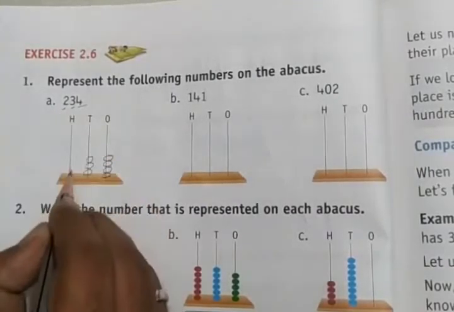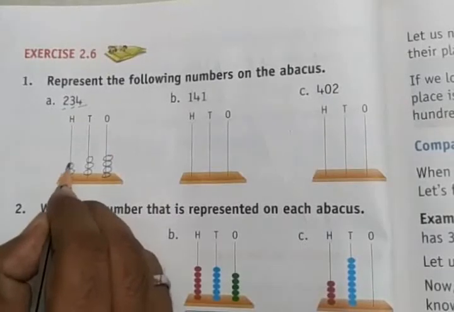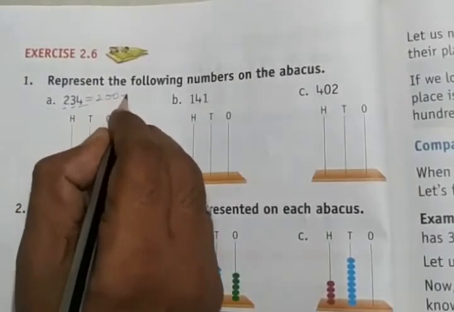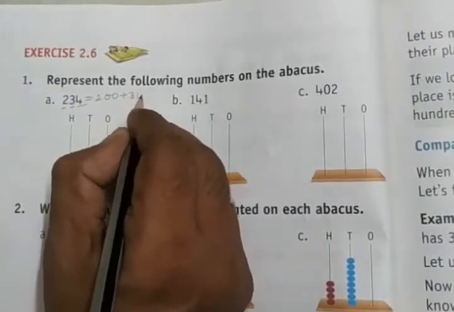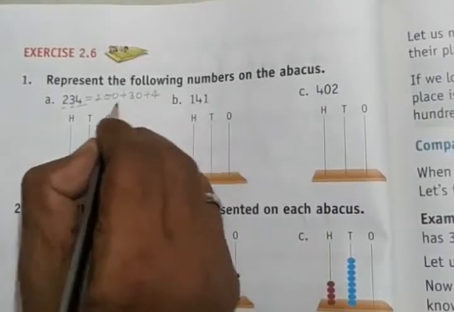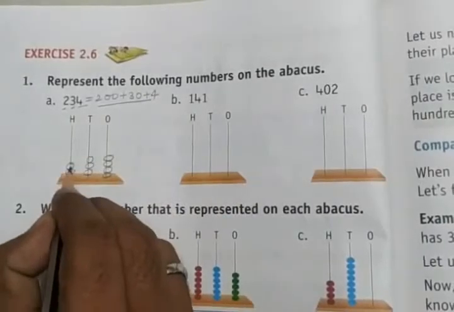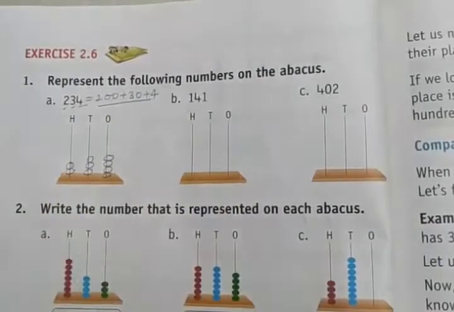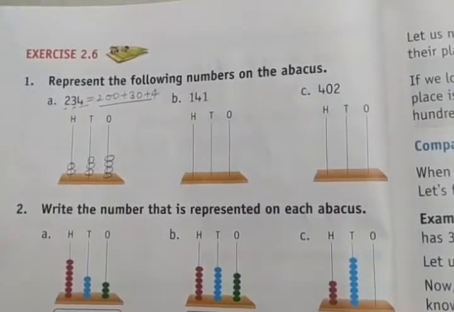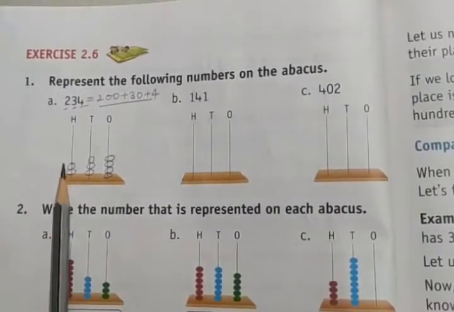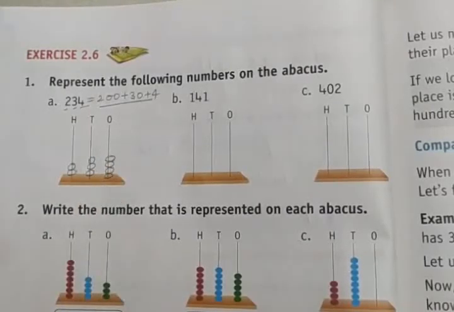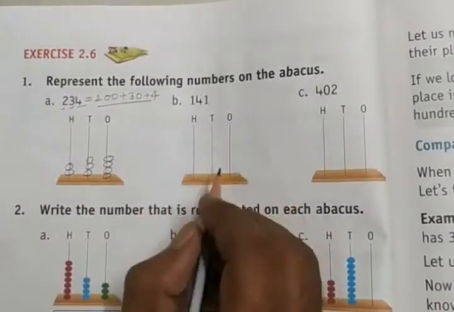In the hundreds place we put 1, 2. This is 200 plus 30 plus 4. So 2 in the hundreds place, 3 in the tens place, 4 in the ones place. That we read on the abacus as 234. Clear?